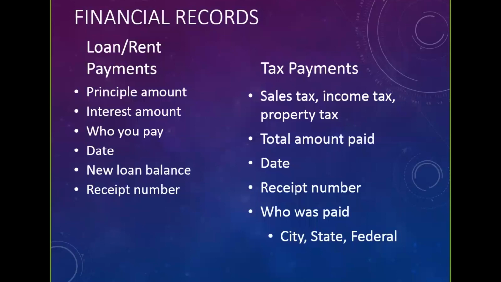Sometimes receipts get lost, checks get lost in the mail, somebody forgets to write something down. The more records you have to back up your side of what's going on, the better off you'll be. And then tax payments, sales tax, income tax, property tax, the amount you paid, when you paid it, who you paid it to, all of those types of information can be very important.